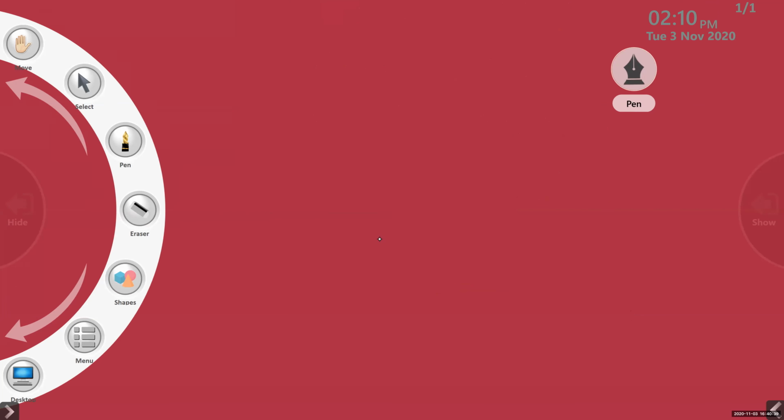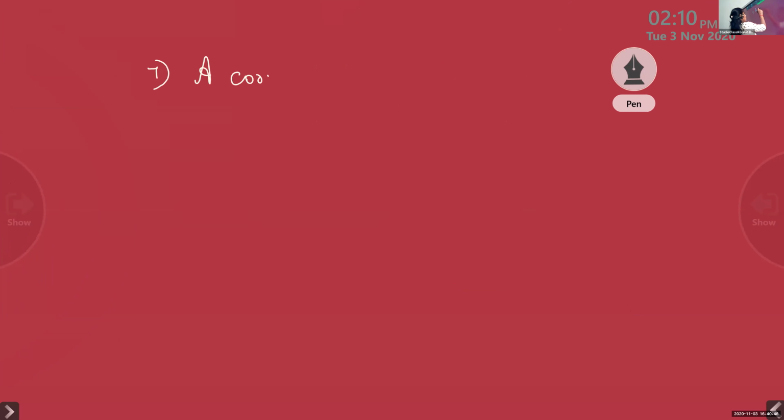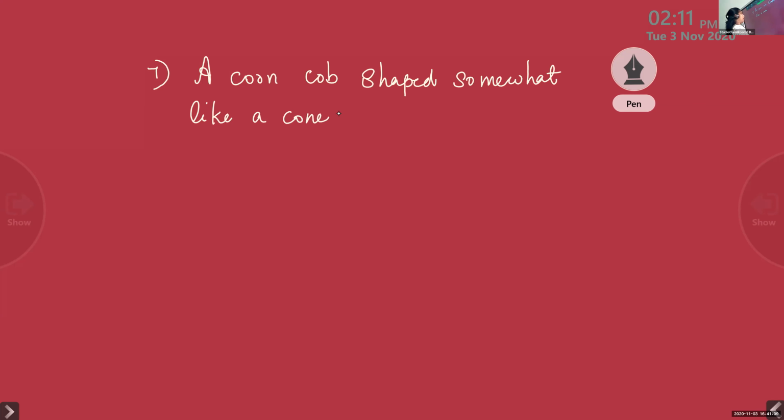A corn cob. It is a figure given in the textbook, and it is the 7th question, I think. A corn cob, somewhat like a cone. This cone and this cone is different. Check the spelling. Corn is C-O-R-N, and our cone is C-O-N-E.